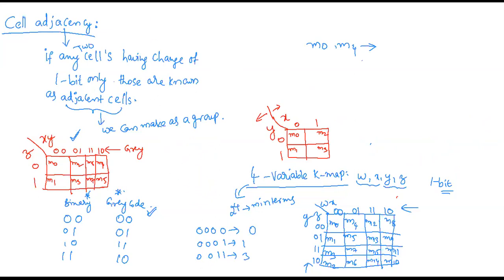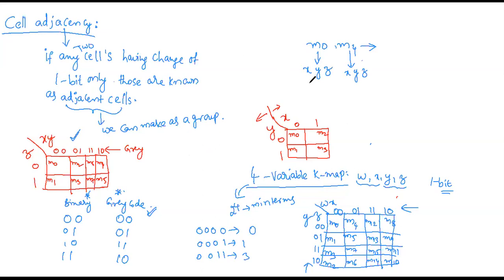In three variable K-map, M0, M4, adjacent cells or not? Yes or no? In three variable K-map, we have three variables x, y, z.